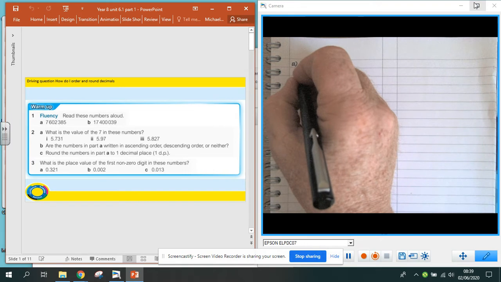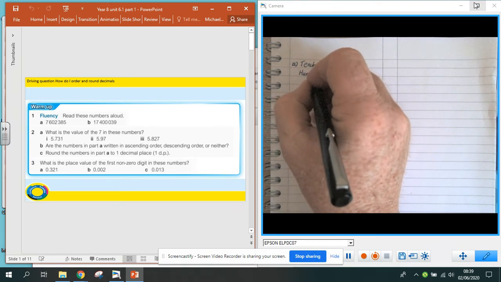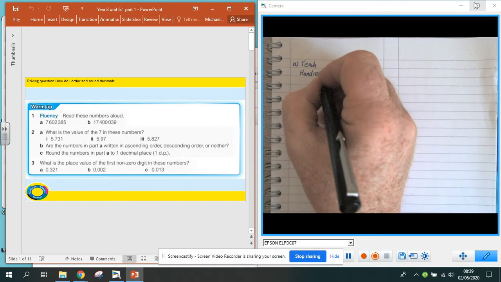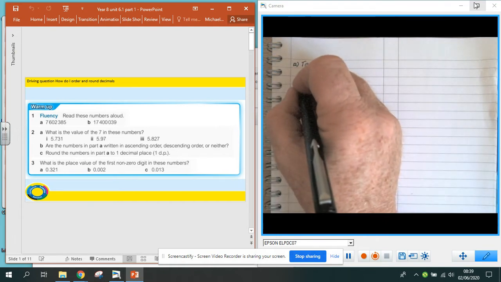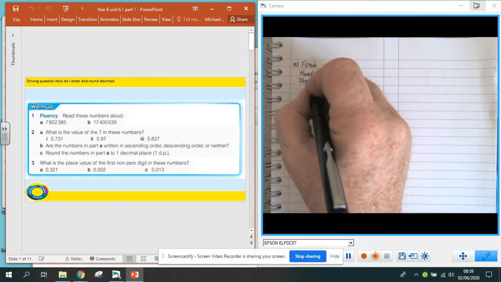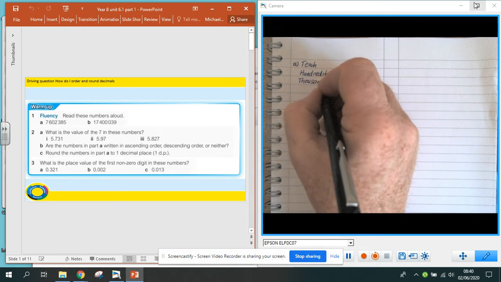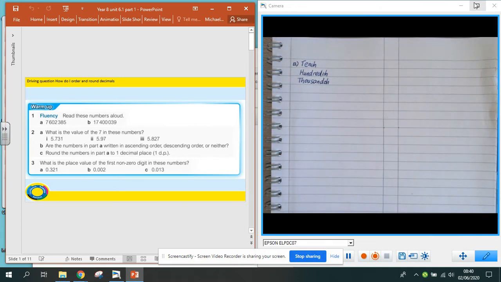So that would be a hundredth. And the final number, the 7, is in the third place after the decimals, so that would be a thousandth. You must have those THs on the end.